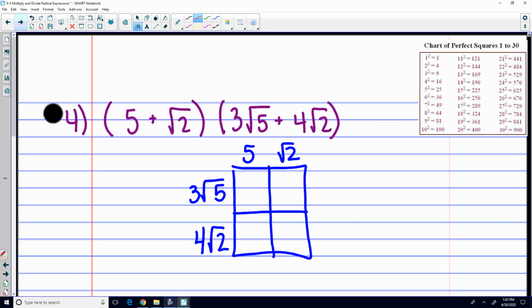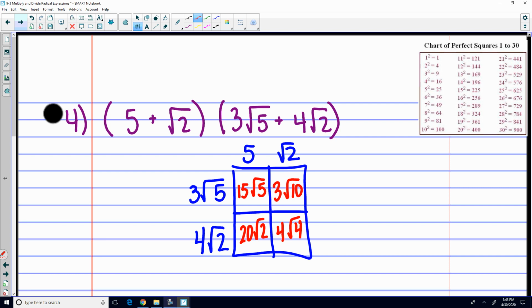First box, 5 times 3 is 15 square root of 5. Second box, 3 square root of 10. I'm combining things in like spots, okay? Third box, 20 square root of 2. And the last box would be 4 square root of 4.